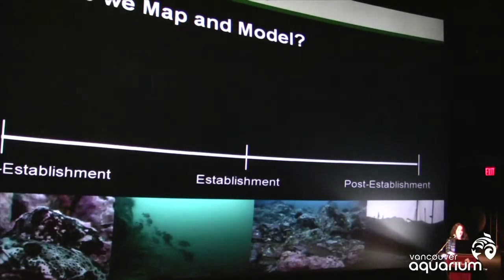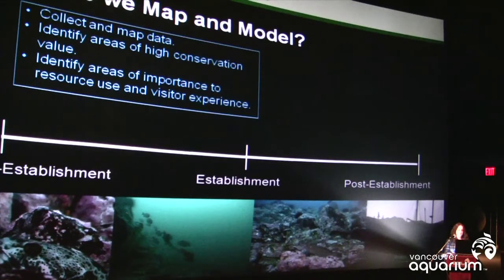The next question a number of people ask is how do we map and model? Using the same timeline, in the pre-establishment phase, we would spend our time collecting and mapping data, so we're looking for the best available data sets. We try to identify areas of high conservation value, as well as areas that are important to resource use and visitor experiences.